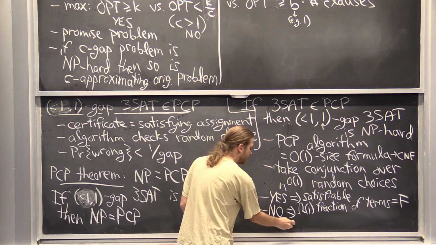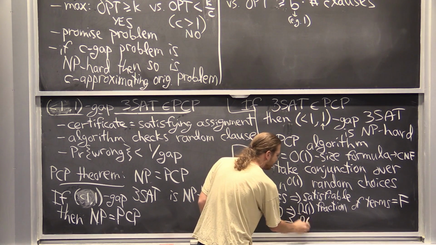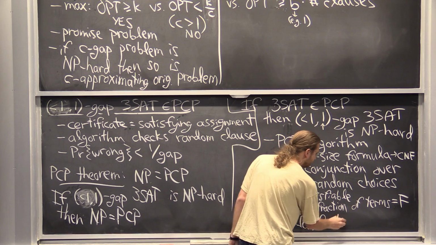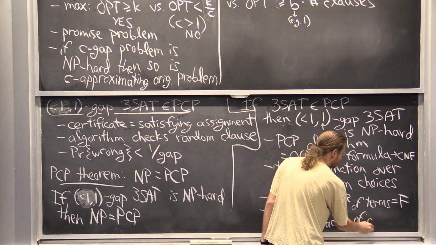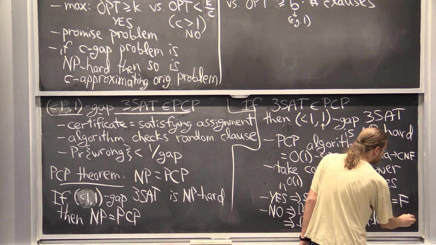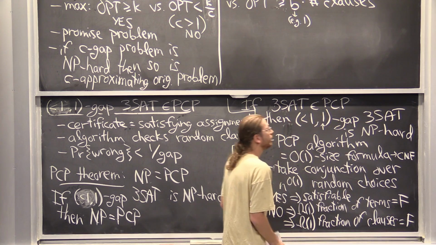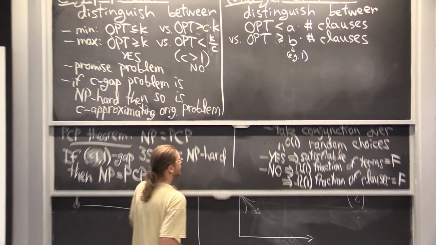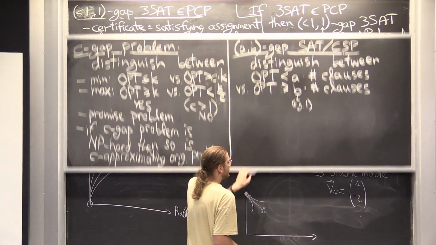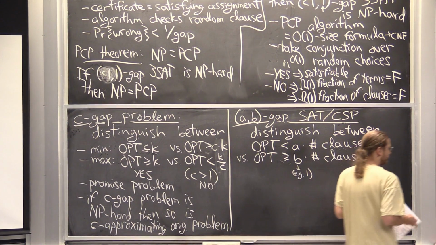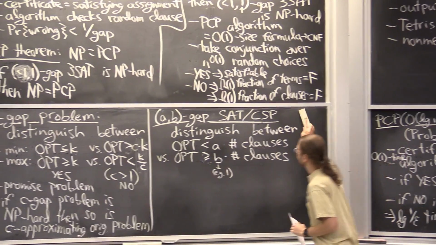So this means a constant fraction of the clauses in that giant conjunction are also false. And that is essentially it. That is my reduction.